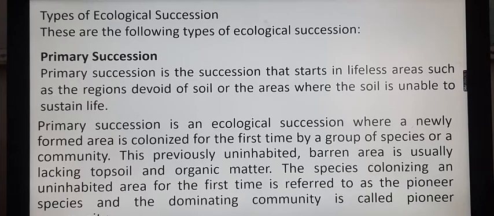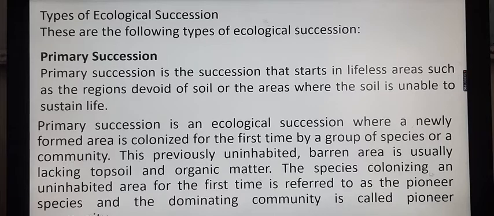So, primary succession is an ecological succession where a newly formed area is colonized for the first time by a group of species or a community. This previously uninhabited barren area is usually lacking topsoil and organic matter.